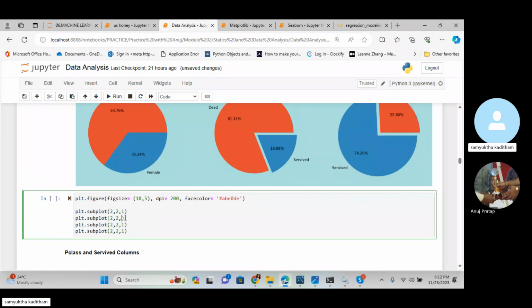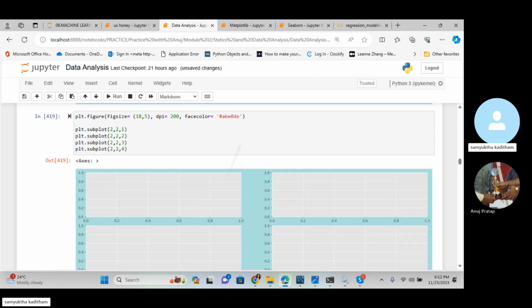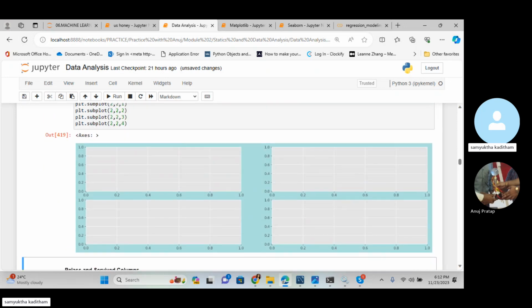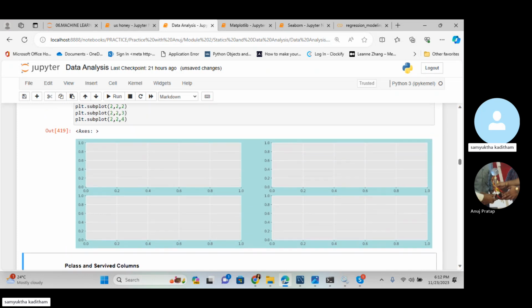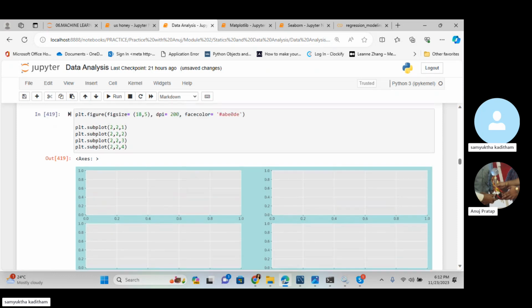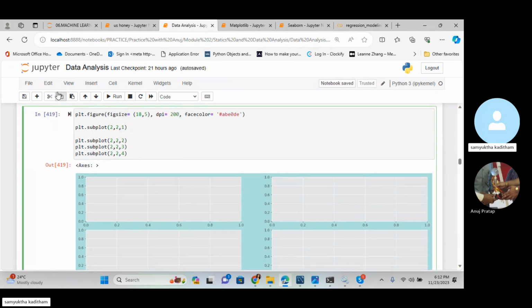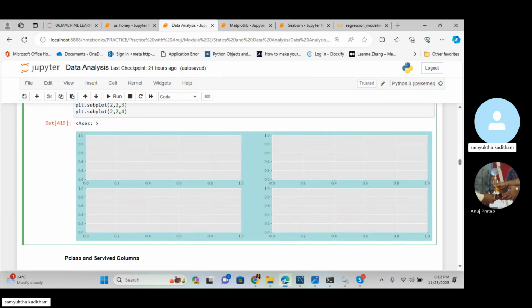So we have the first 2 by 2 plot, the second, the third 2 by 2 plot, and the fourth. Empty data will come with 4 plots. In between, you can plot anything here, a pie plot or a bar plot, and those spaces will be filled with your data.